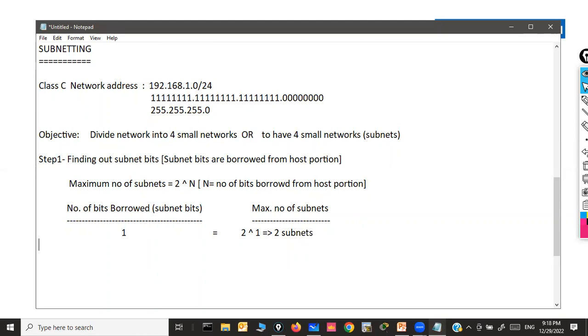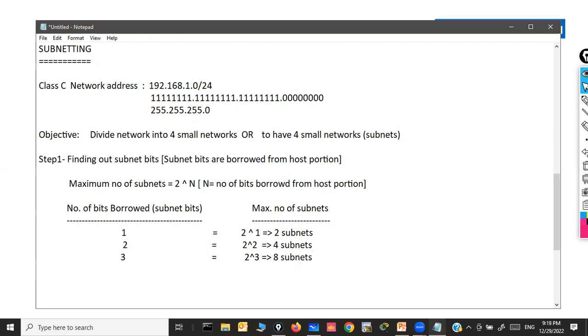Now, if we take 2 bits from the host portion, it will be equal to 2 raised to the power 2, means 4 subnets. If 3 bits borrowed, if we take 3 bits from the host portion, then 2 raised to the power 3 is equal to 8 subnets.